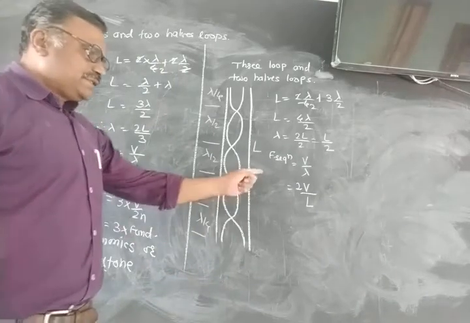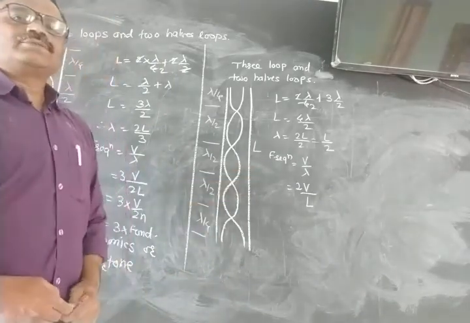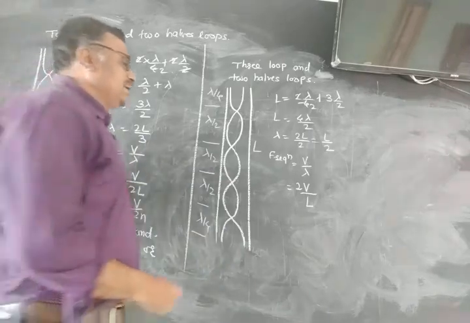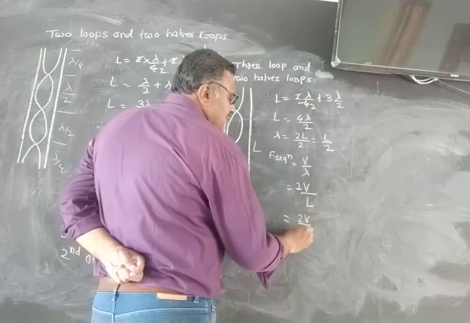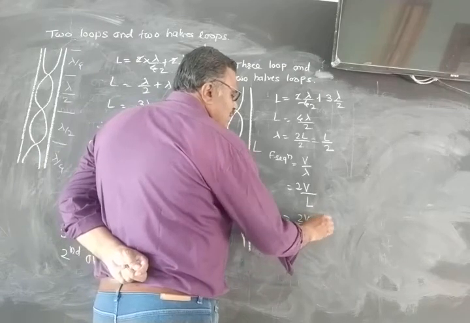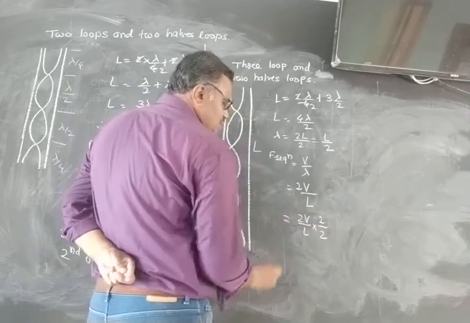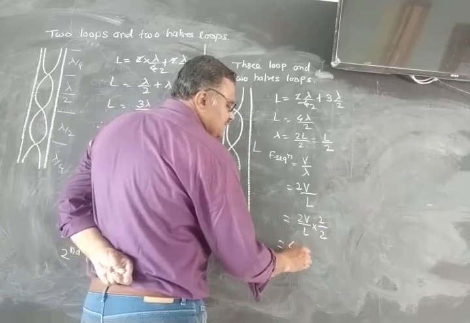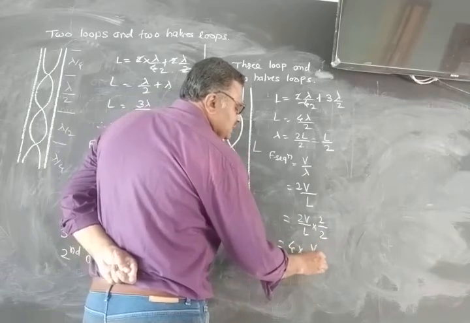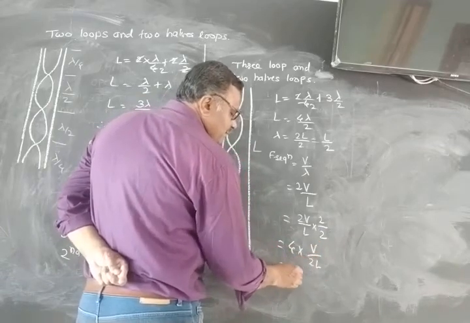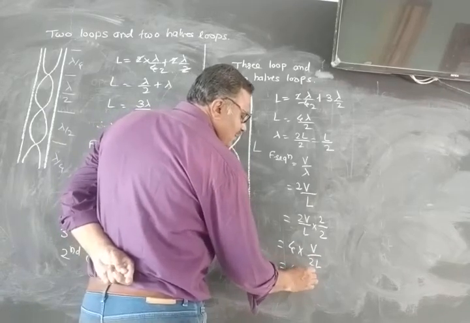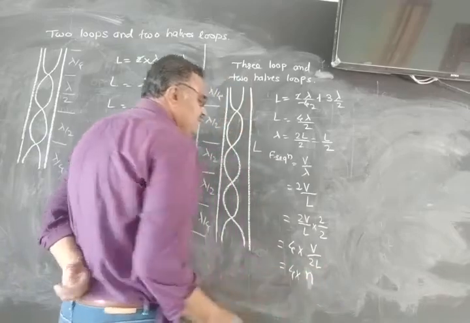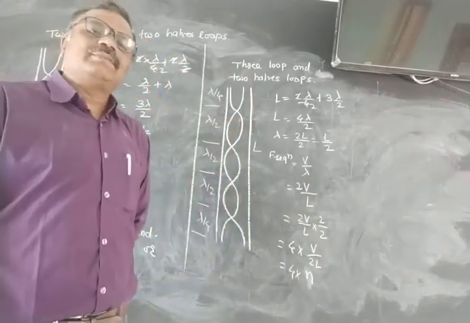Now, to express this frequency in terms of fundamental frequency, we multiply numerator by 2 and denominator by 2, so that we get 4 times V upon twice L. V upon twice L means fundamental frequency.